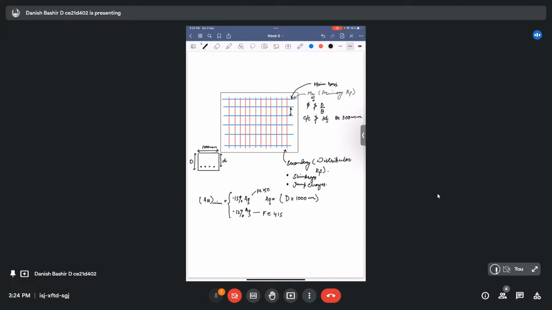Why has this spacing requirement been given? If we provide our main bars very close to each other, we will not leave space for the aggregates to go into the small corners and every part of the slab.